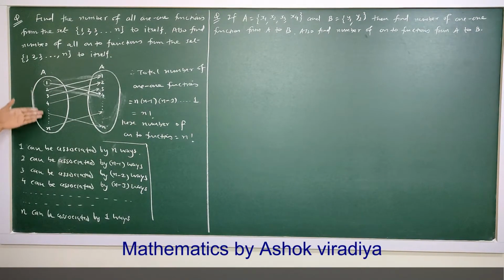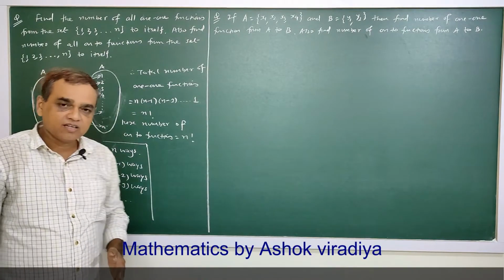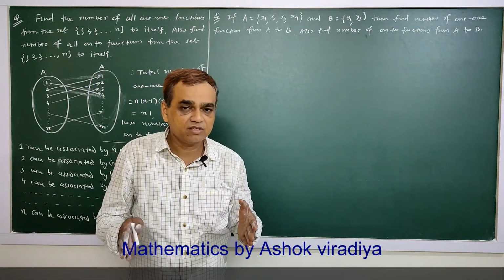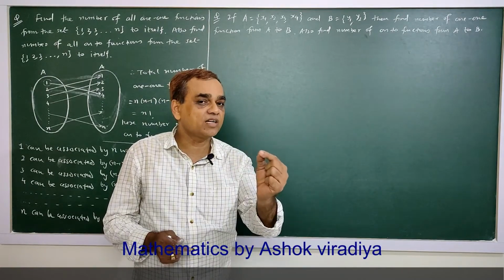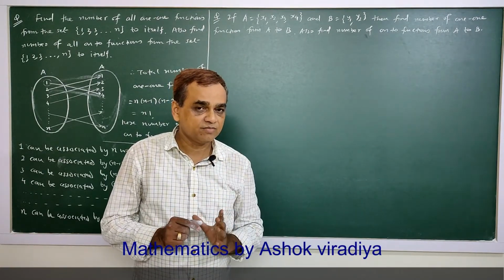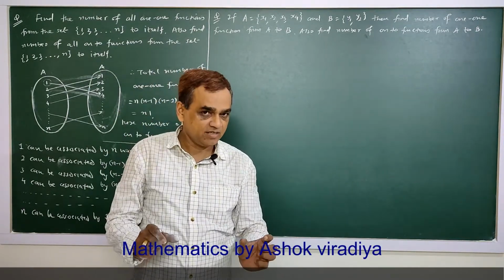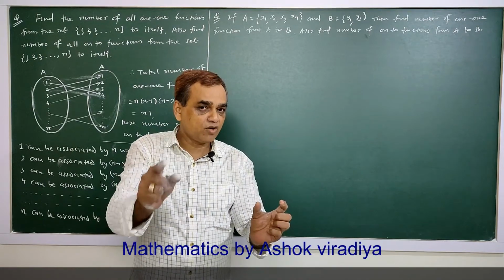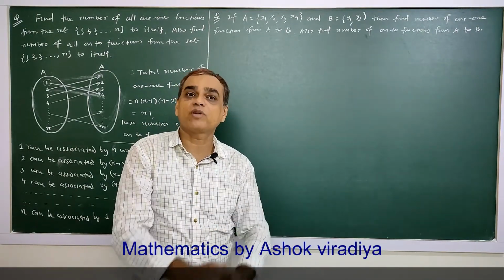If this set contains 10 natural numbers, in both sets there are 10 natural numbers, then the total number of 1-1 functions is 10 factorial, and onto functions 10 factorial. If both sets have the same number of elements, n elements, then the number of 1-1 functions is n factorial, and onto functions also n factorial.